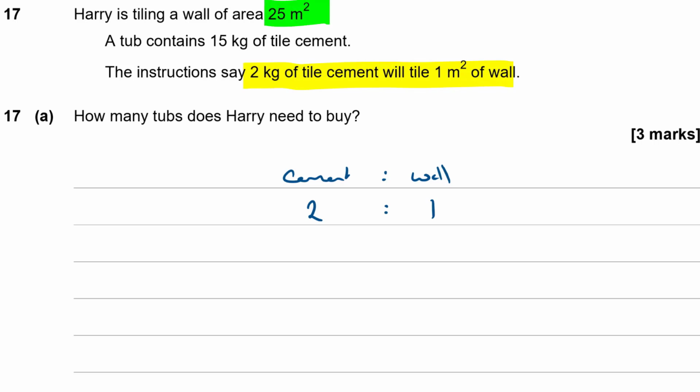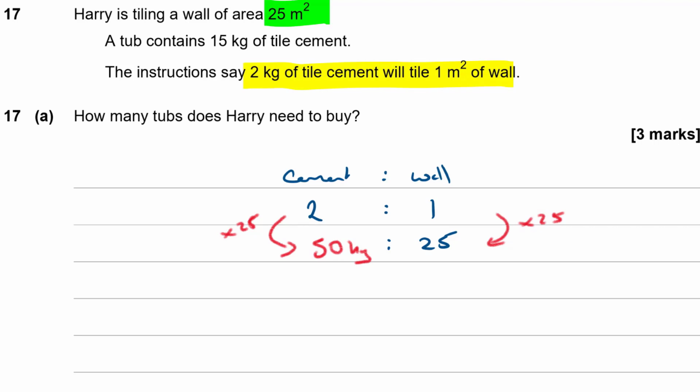So we need to take our ratio and scale it up to 25. So we're multiplying up by a factor of 25. So doing the same thing over here, multiplying that by a scale factor of 25. 2 times 25 gives me 50. So I need 50 kgs of cement.